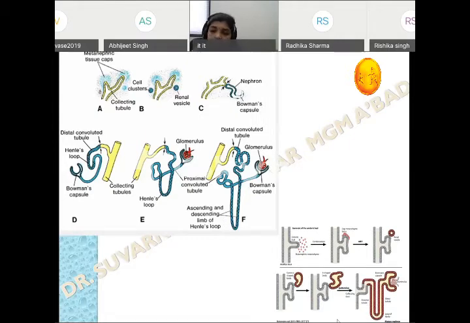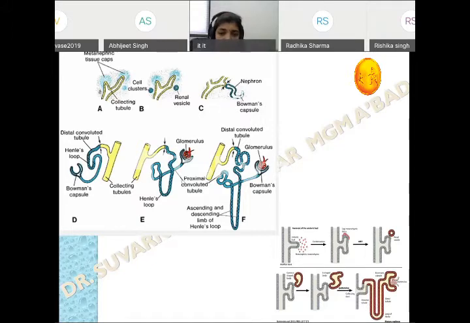What happens to this S-shaped tubule? It has a proximal end and a distal end. The proximal end is still not connected with the collecting part. Now it gets communicated. So the proximal end of this tubule gets communicated with the collecting part, so now the urine flows freely from this into the collecting part, while the distal end expands and forms the cup-shaped Bowman's capsule, with the insertion of capillaries to form the glomerulus.